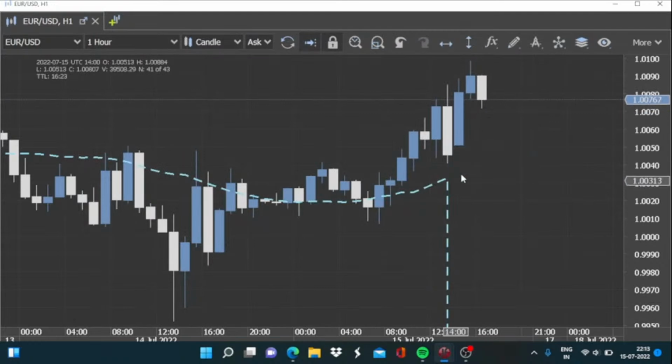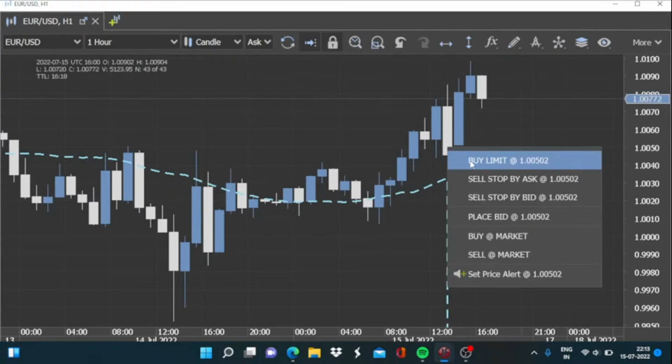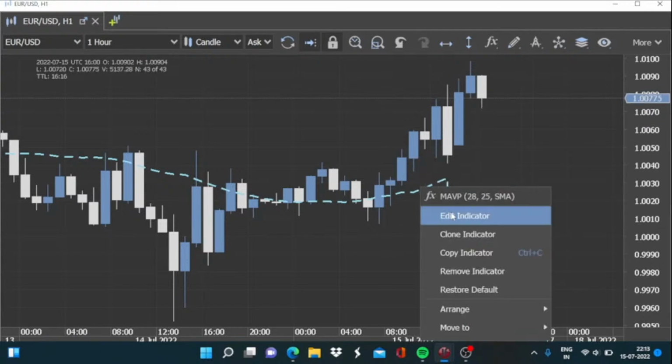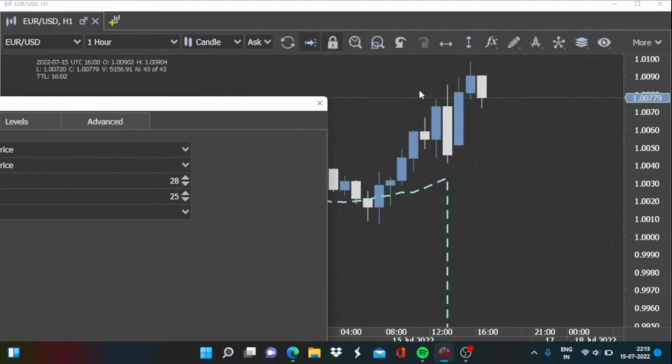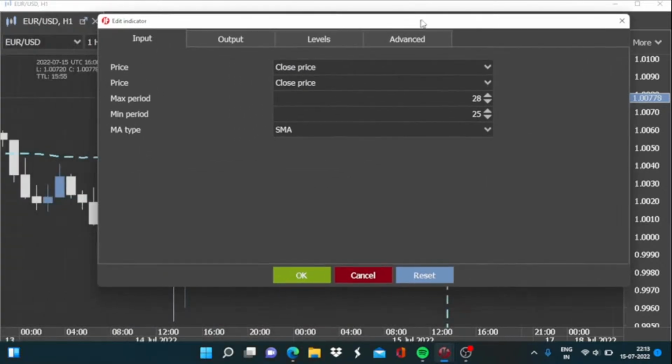So there will be no plotting for these recent 3 candle periods, because the max period is higher compared to the minimum period of 25. So only prior 25 hours are considered while calculating these indicator output values, and because of that we don't really have any output value of the MAVP for these recent 3 hourly candles. So this happens when the max period is higher compared to the minimum period of calculation.